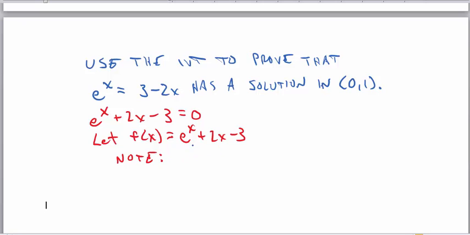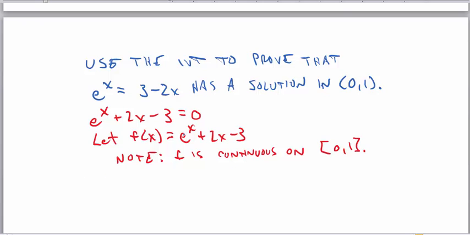Now, the thing to note here is that this is the sum of an exponential function and a polynomial function. So f is continuous. It's continuous on negative infinity to infinity, on all real numbers, but in particular, it's continuous on the closed interval from 0 to 1.